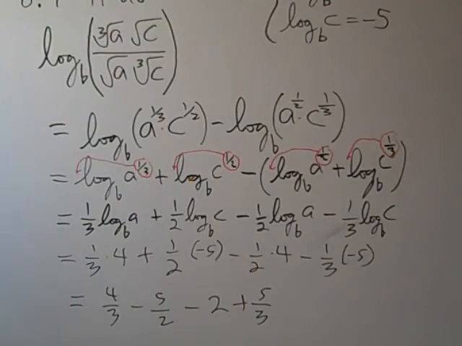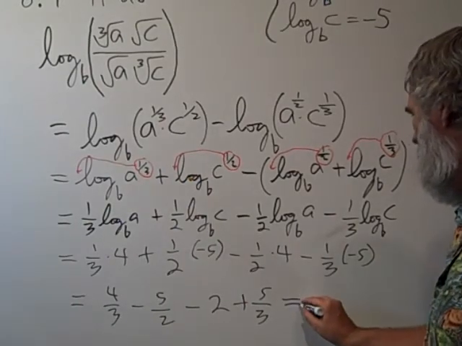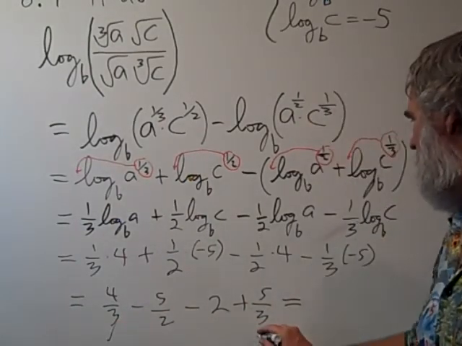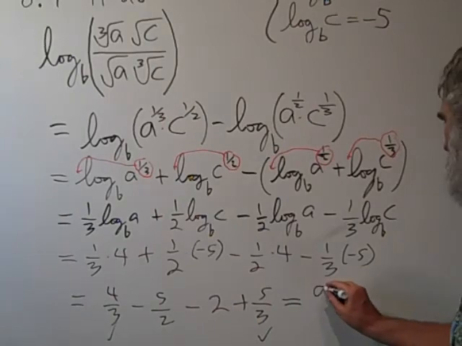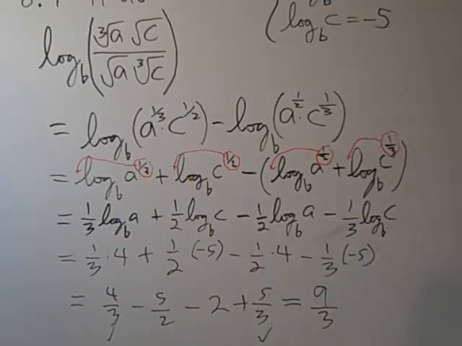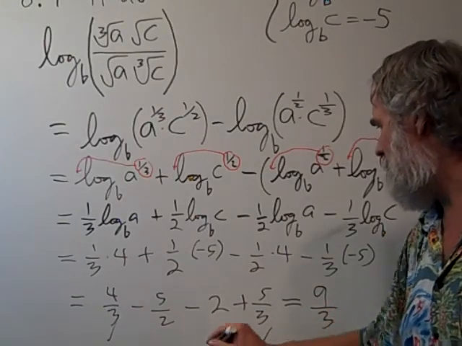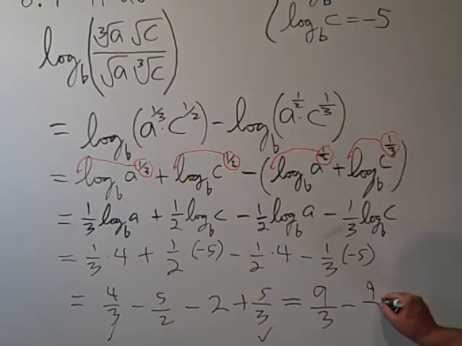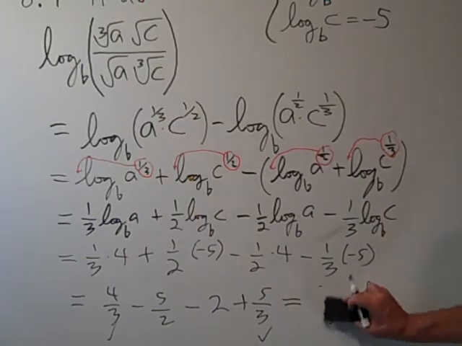So this all adds up to 4/3 plus 5/3, which is 9/3, and negative 5/2 minus 4/2 is minus 9/2. Now this is equal to 3 minus 9/2.